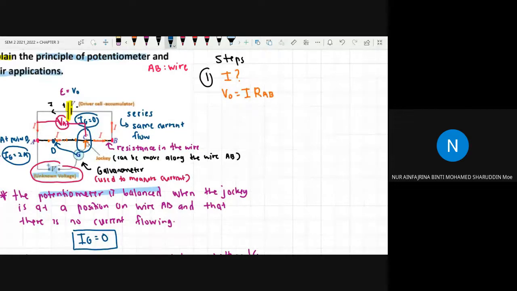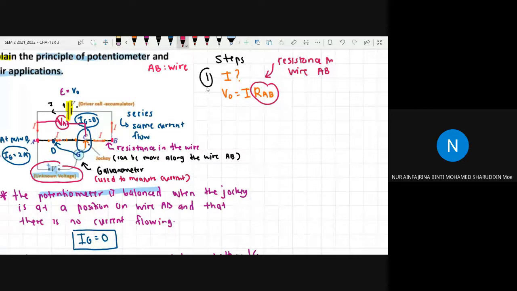Resistance itu adalah dalam wire. So RAB ini adalah resistance in wire AB.